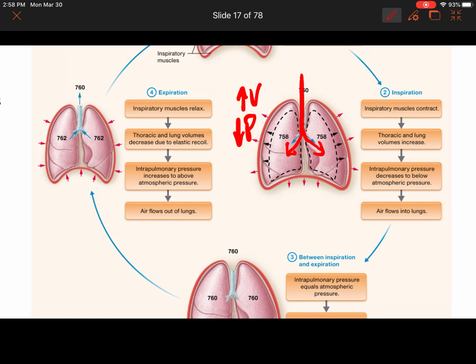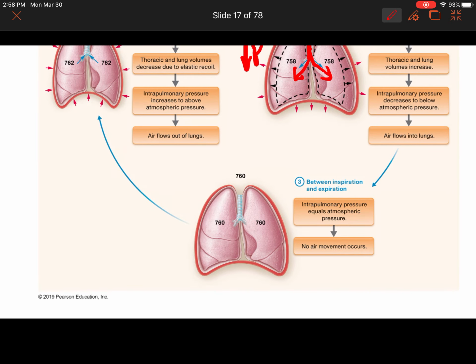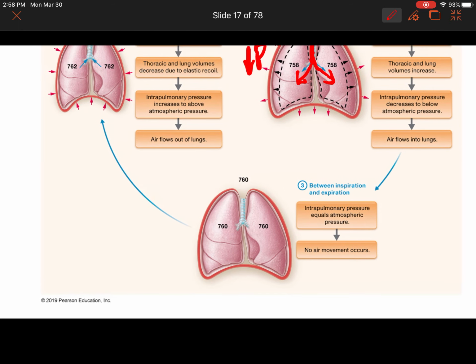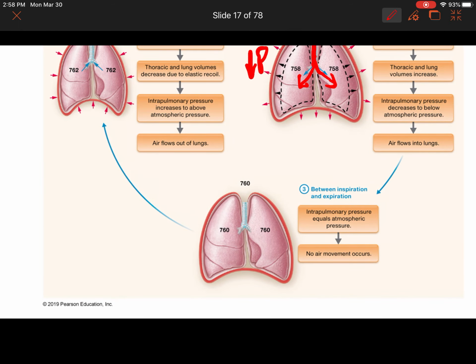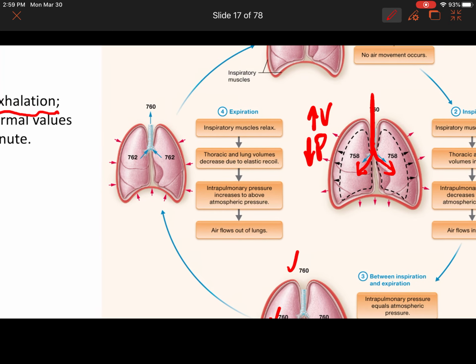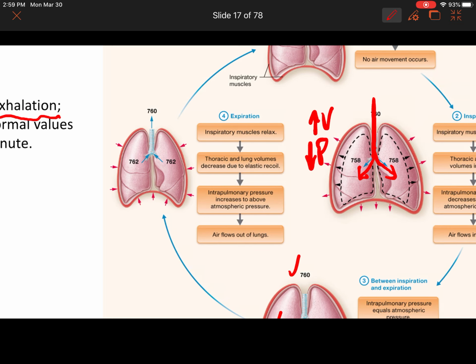So at that brief moment between inhaling and exhaling, there's no net movement of air. The outside pressure roughly equals the inside pressure. However, when it's time to exhale, the volume of the thoracic cavity becomes smaller.